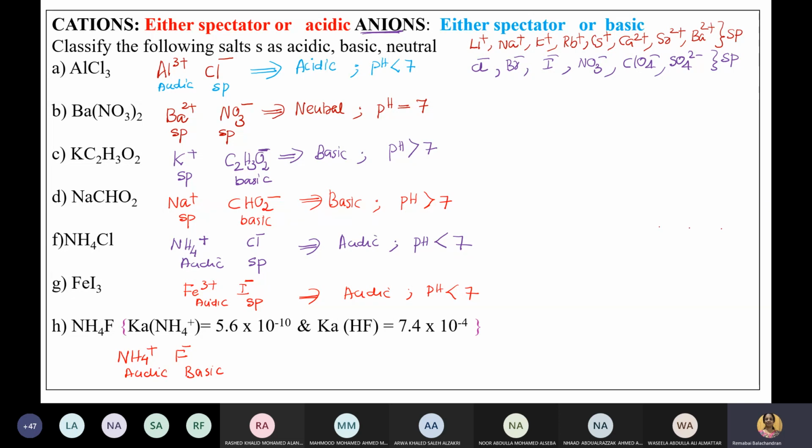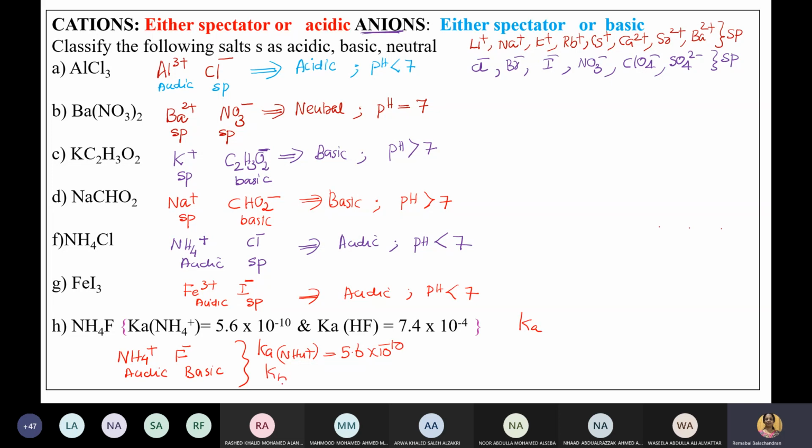If Ka of NH4 plus is greater than Kb of F minus, it will be acidic. What is Ka of NH4 plus? 5.6 times 10 to the power minus 10.